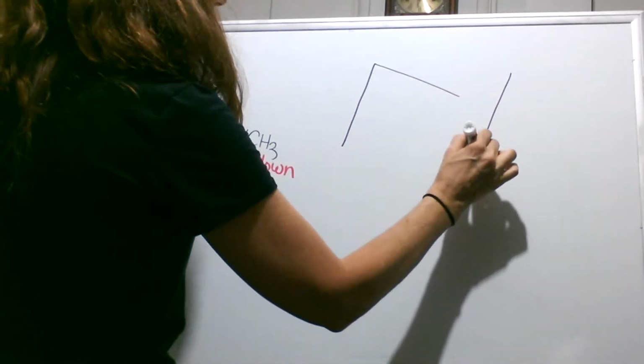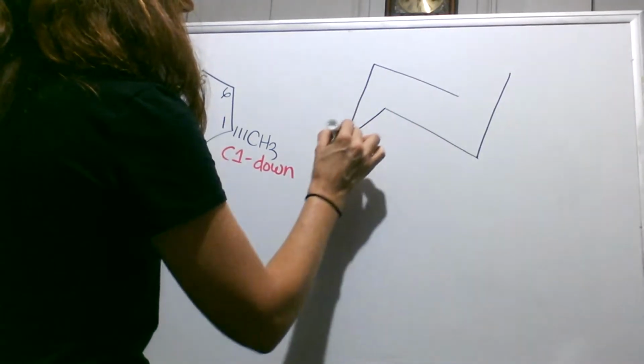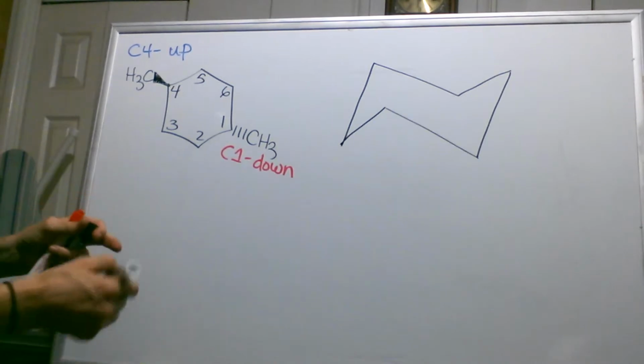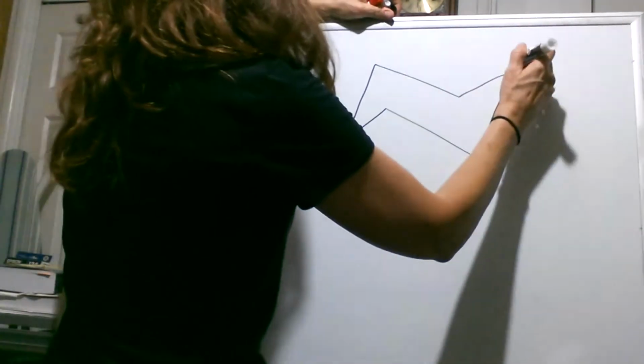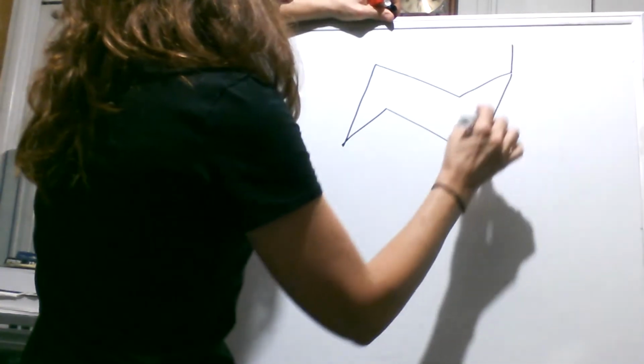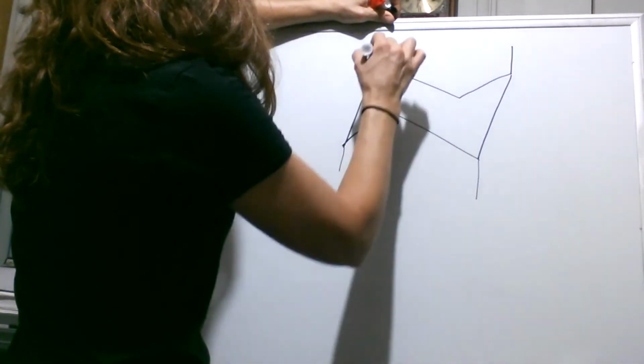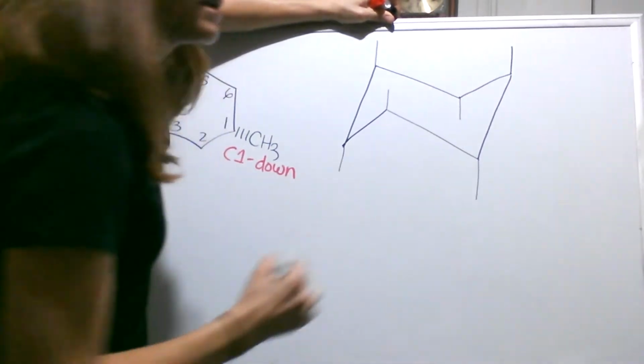So we draw the first set of parallel lines, second set of parallel lines, third set of kind of parallel lines closing the ring. Starting in this upper corner, the axial starting up, alternating around the ring, up, down, up, down, up, down.